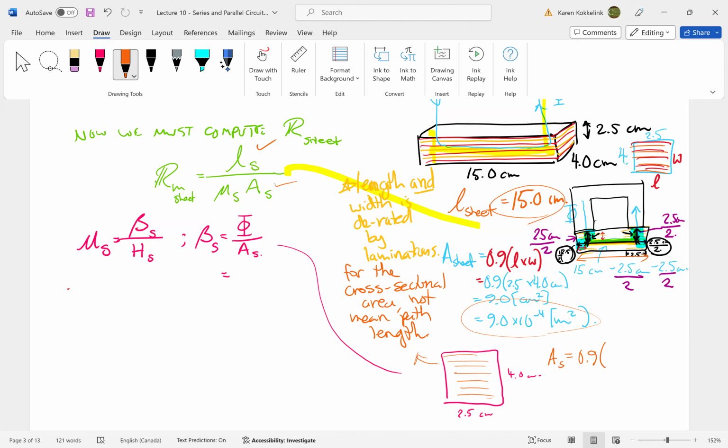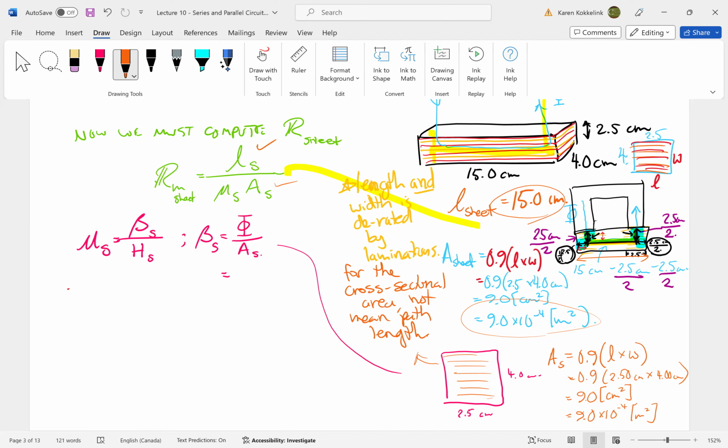So it's 0.9 length times width. So 0.9, 2.50 centimeters times 4.00 centimeters. And that is going to be, I'll just say 9.0 centimeters squared, which is equivalent to 9.0 times 10 to the negative 4 meters squared. We want to always work with magnetic circuits in meters. That's when our calculations work out with Webers, etc.